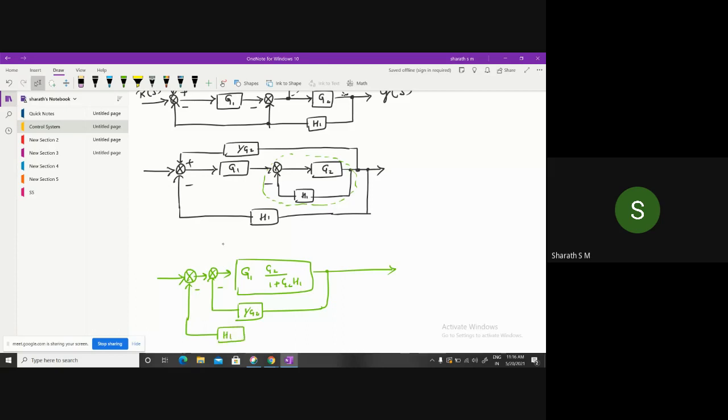Negative feedback, this one as a positive feedback. So write down the equations for this. Positive feedback: G divided by 1 minus GH. Negative feedback: G divided by 1 plus GH.